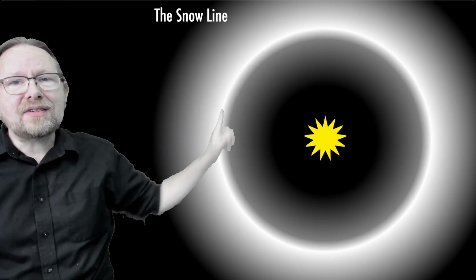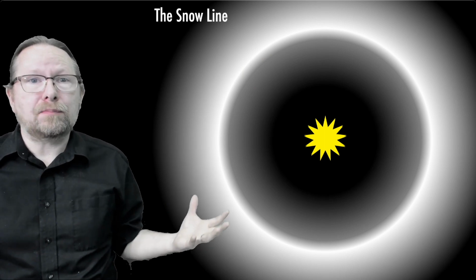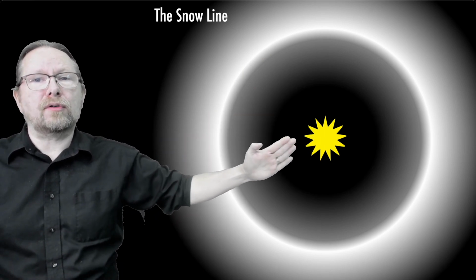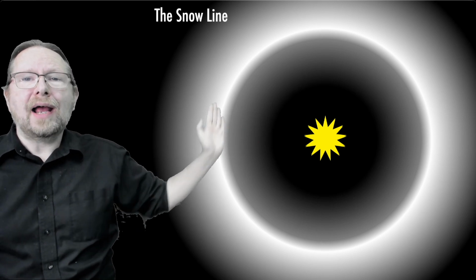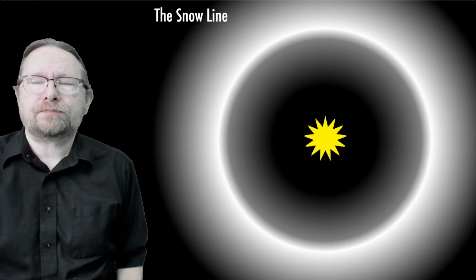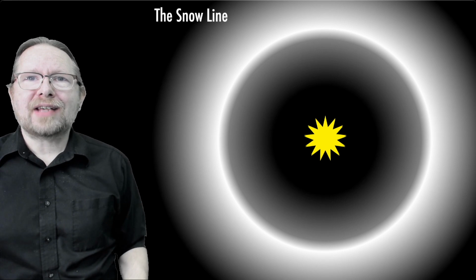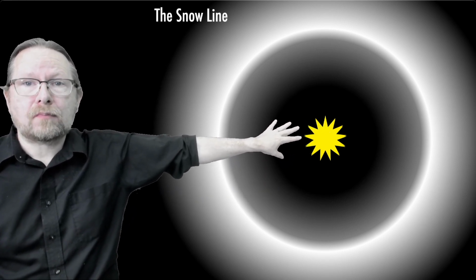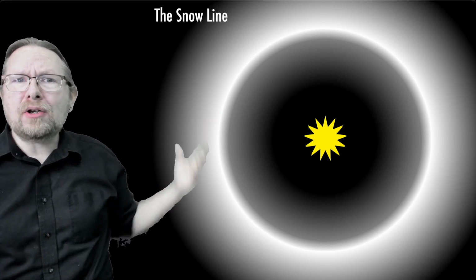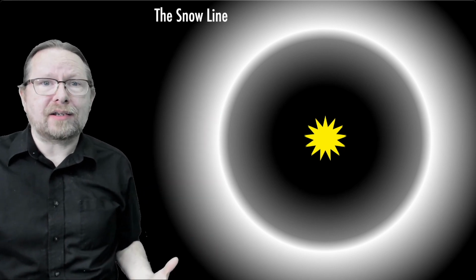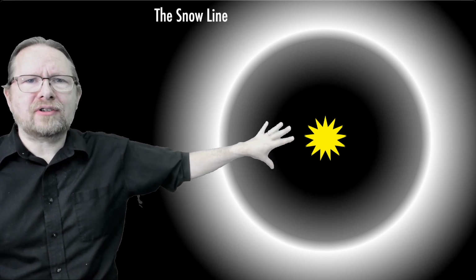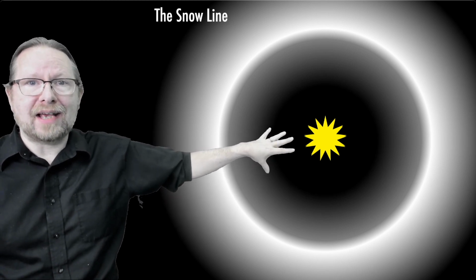There is a place in the solar system for any planetary system. If you have the sun in the center, as you get further and further away, it gets colder and colder, and there's a line at which things that are gases in here, carbon dioxide and nitrogen, for example, will be ices out here. We know from looking at our planetary system that the terrestrial planets are made largely of rock and with gaseous atmospheres.